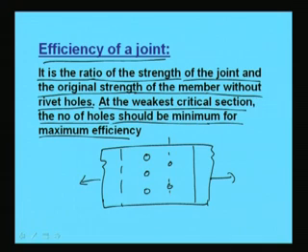One is it may fail like this, another is it may fail in this way. This will be the weakest because the deduction of holes is maximum here, three holes are there. So here it will be weakest, and another sort of failure may happen like this, which definitely will be stronger than this section, right. This is how we can find out the efficiency of a joint.